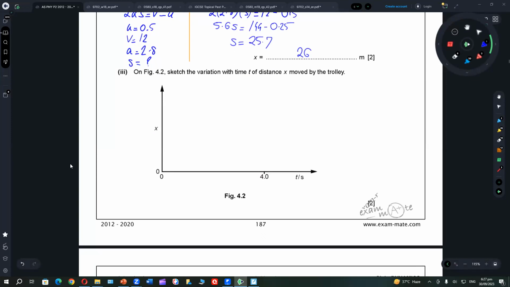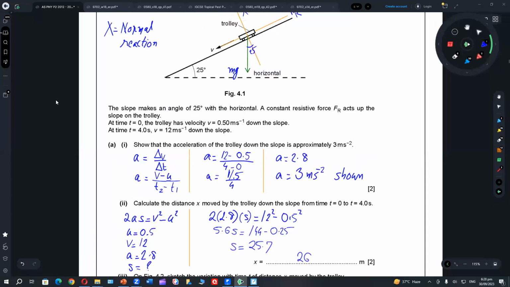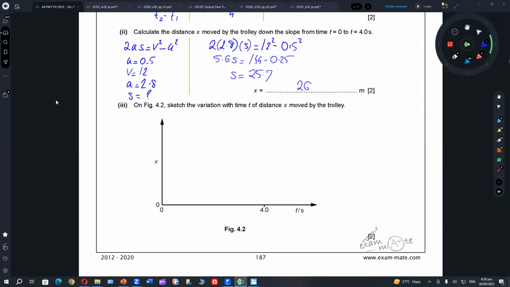Figure 4.2, sketch the variation with time of distance x moved by the trolley. Now we need to find x against time. It means we need to worry about the gradient. We have the acceleration and the force diagram, and the object is coming down.